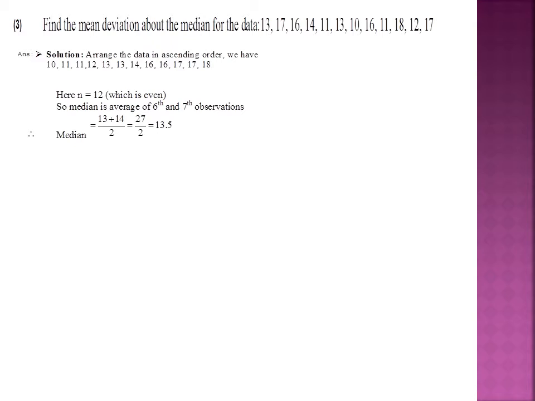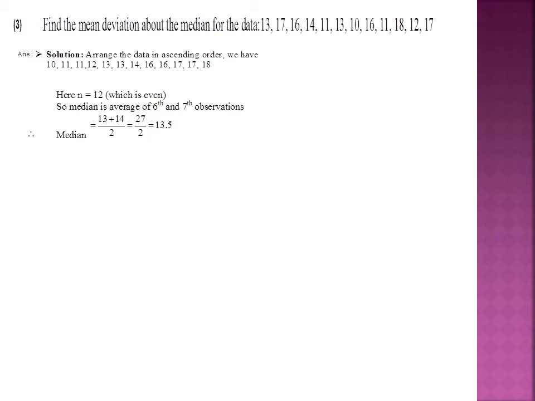Here n is 12, 12 by 2 is the 6th observation, 12 by 2 plus 1 is the 7th observation.